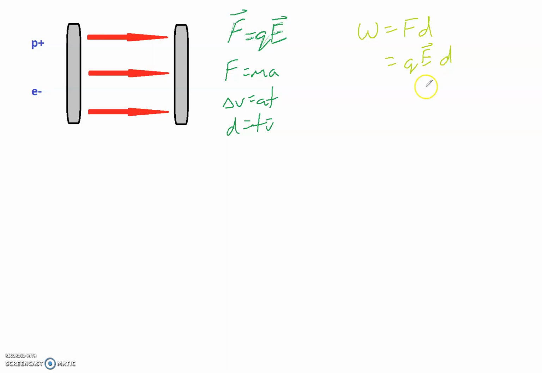But of course, this would also be the potential energy that the charge would have. It would also be the kinetic energy that it has. So you could use the kinetic energy to find the speed. So you can do very similar types of things depending on which way you want to look at it, grade 11 way, grade 12 way, or a lot of people use a combination of the two.